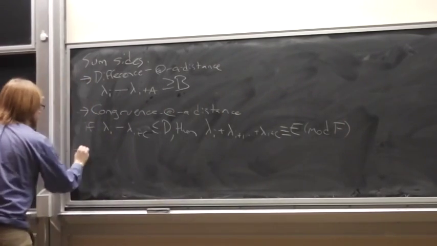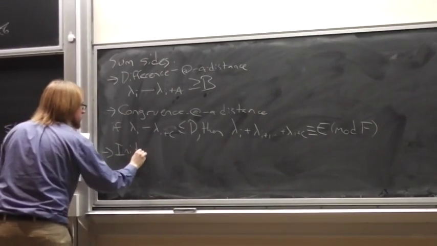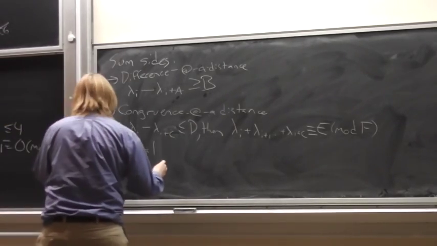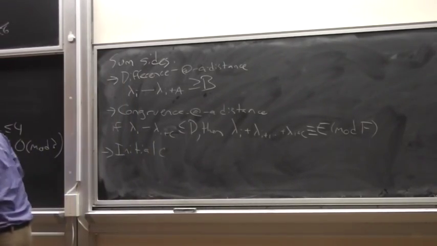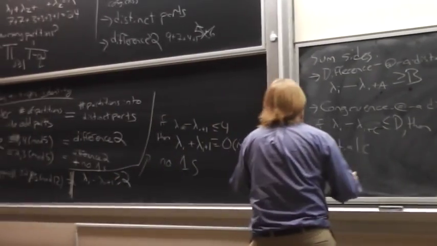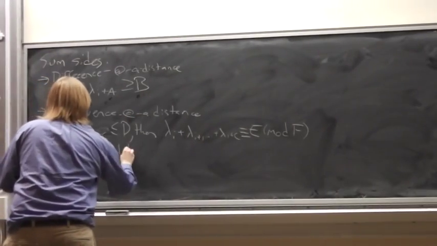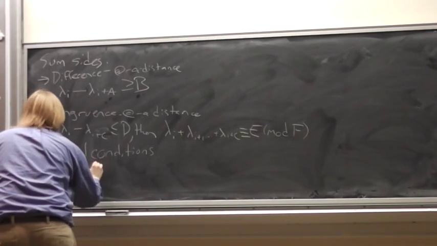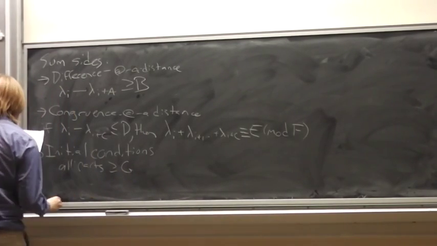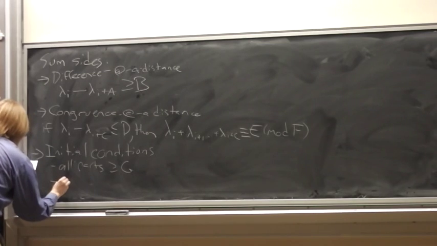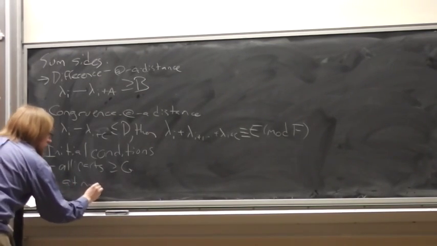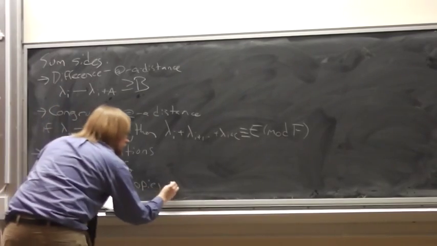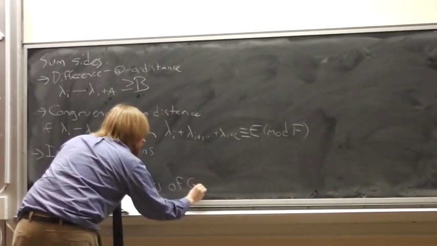And then we'll have some sort of initial conditions, like this whole no ones business here. So this is like all parts are at least G and at most H copies of G.